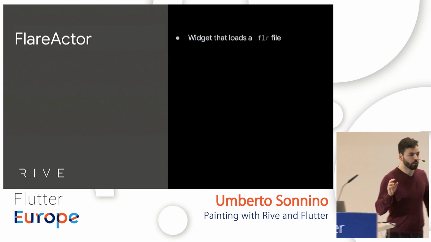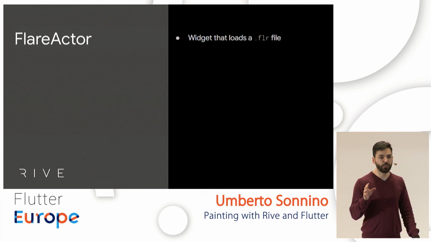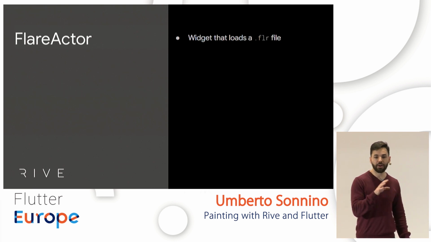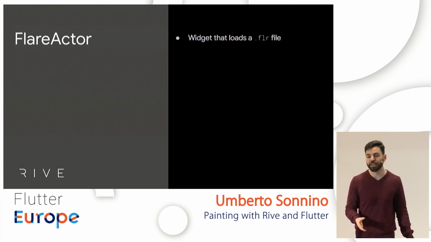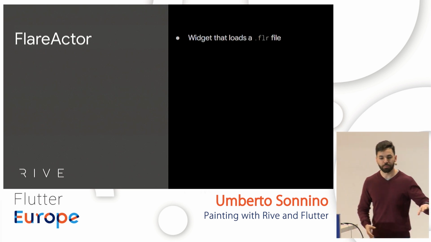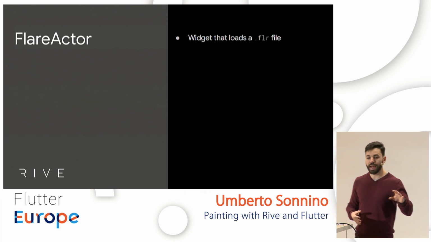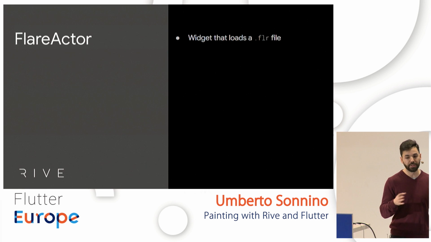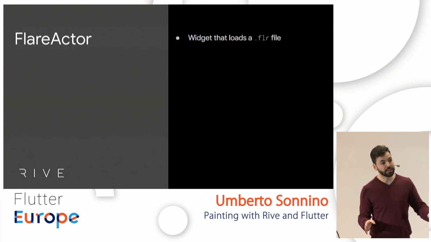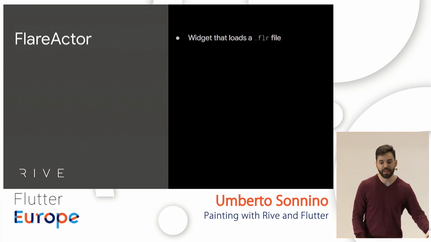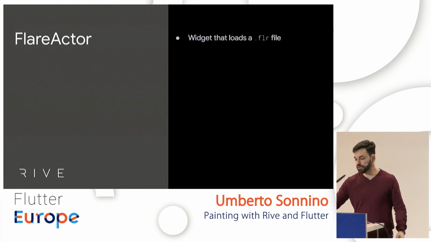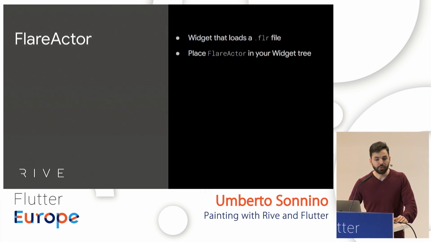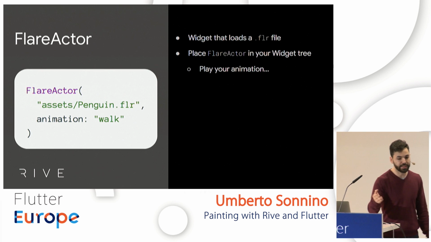So we saw with the render object that if we want to place something in our widget tree, we need to have a widget. And this is what Flutter provides. We got a Flare actor, which is a widget that loads a Flare file. A Flare file is a file that you export from the Rive editor. And once you get that in place, you can place it in your widget tree like this.